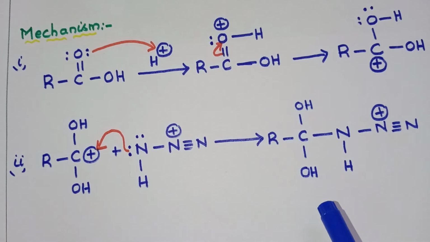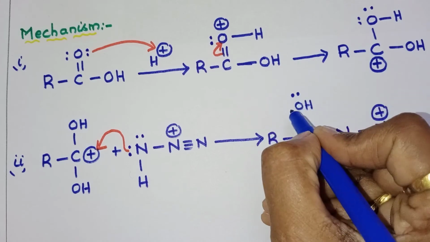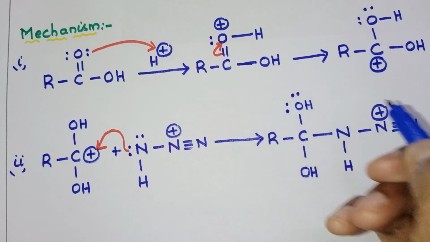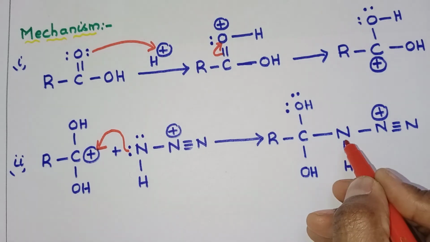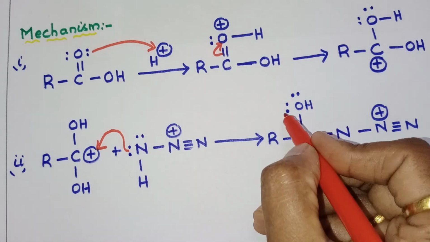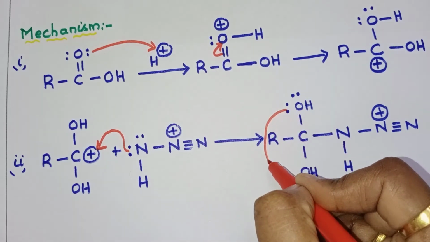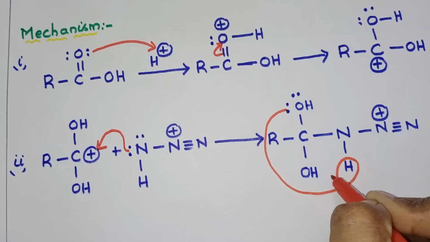Now here immediately it rearranges. So what happens? I'm showing the two lone pairs of electrons on oxygen. Okay, students. The hydrogen which is present on nitrogen, this hydrogen will be taken up by one of the lone pairs of electrons of oxygen.